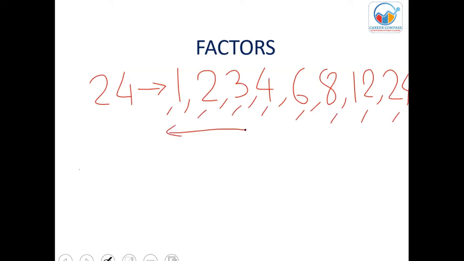So we can say that 24 will have 8 factors. Right, guys? So the number of factors of 24 will be 8. I don't think there is any doubt here.